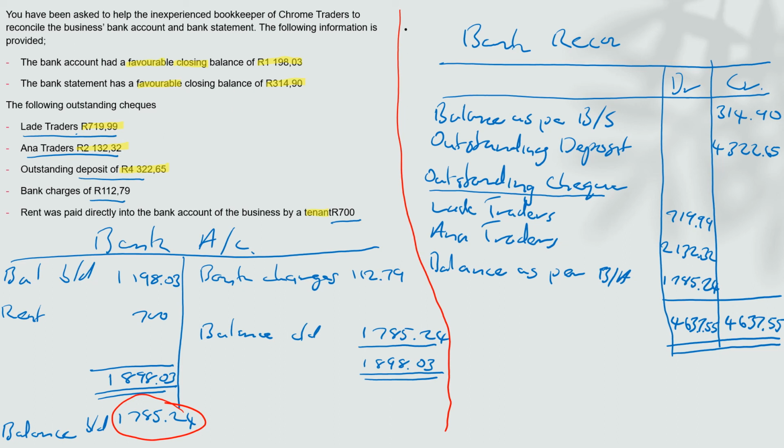Now basically we're saying what is it that we recorded, but the bank statement has not yet recorded. There are three things mainly that you look out for. That is outstanding deposits, money deposited but not appearing in the bank statement. Then the checks that you already deducted in the bank account but are not yet deducted in the bank statement. Then the two balances, bank statement balance and bank account balance. Then you reconcile the two.